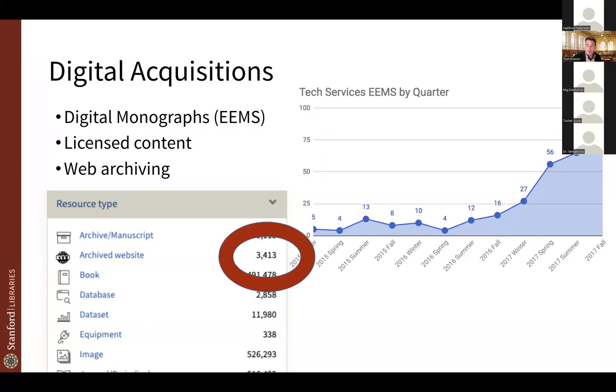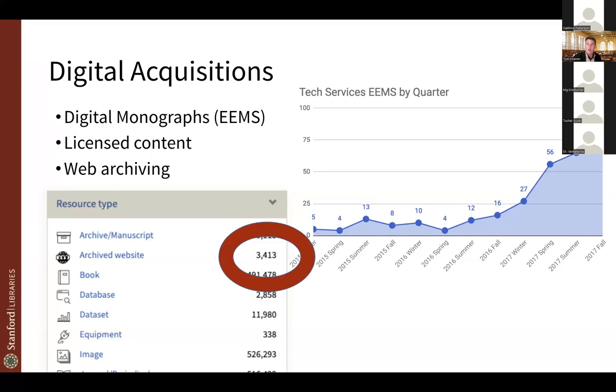Now, we use a variety of methods. We use the Internet Archive and the Archive-It service, and we also do local crawls and local captures and load them in. In all cases, we really appreciate the community approach to crawling and preservation of our websites, especially the Internet Archive.